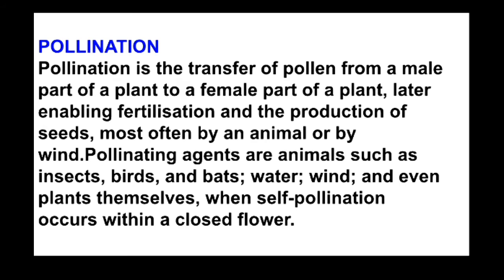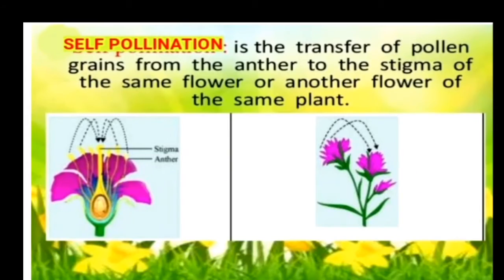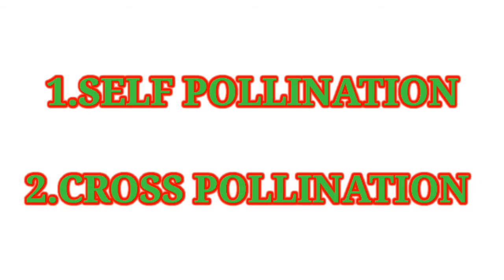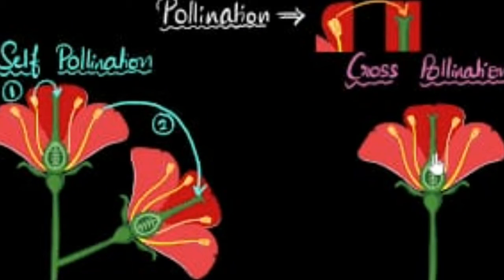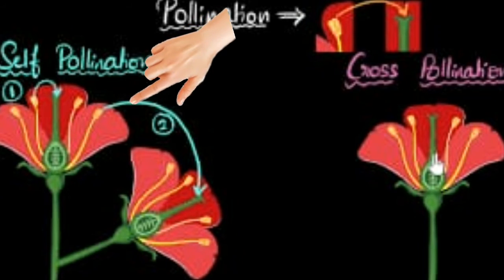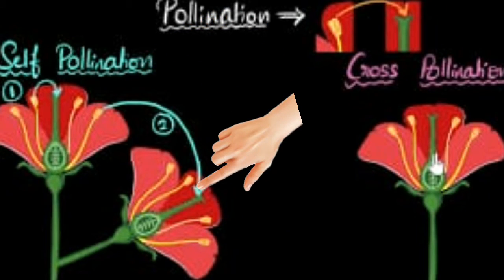Sometimes self-pollination occurs in closed flowers. There, the pollinating agent is the plant itself. Pollination is of two types, self-pollination and cross-pollination. Self-pollination is the transfer of pollen grains from the anther to stigma of the same flower or another flower of the same plant.